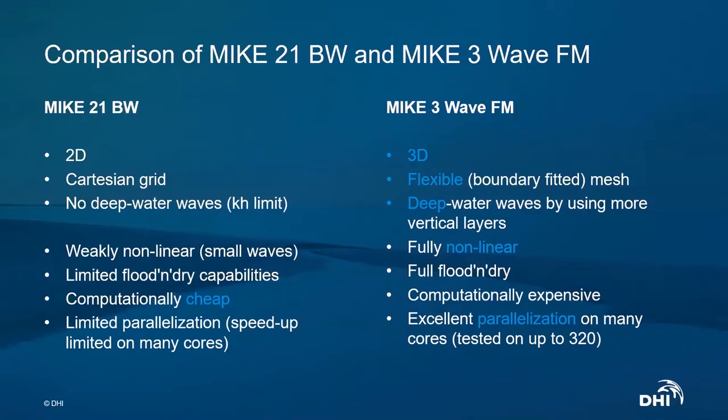But in cases where you are having overtopping waves going into the harbor, deep water waves going through channels, and really highly nonlinear breaking waves, then I would suggest you use the MIKE 3 Wave FM model, which is also parallelized better than MIKE 21 BW and has some of these fully nonlinear flood and dry effects, allowing you to overcome some of the limitations of MIKE 21 BW.